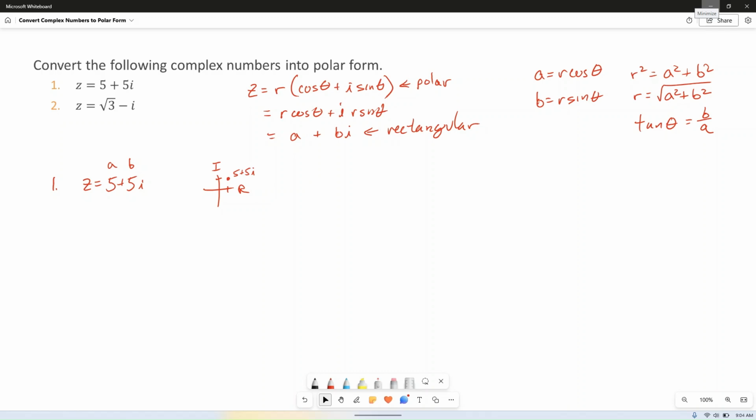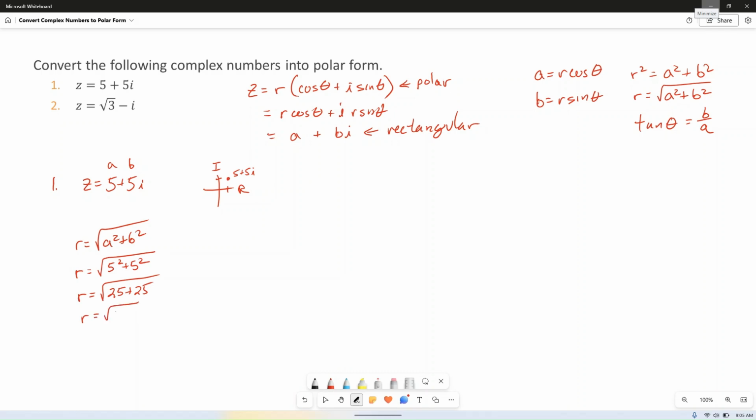So to figure out what the complex number is in polar form, we want to figure out what r is going to be and what theta is. So for r, we can use r is equal to the square root of a squared plus b squared. So r will equal the square root of 5 squared plus 5 squared, which means r is going to be the square root of 25 plus 25.